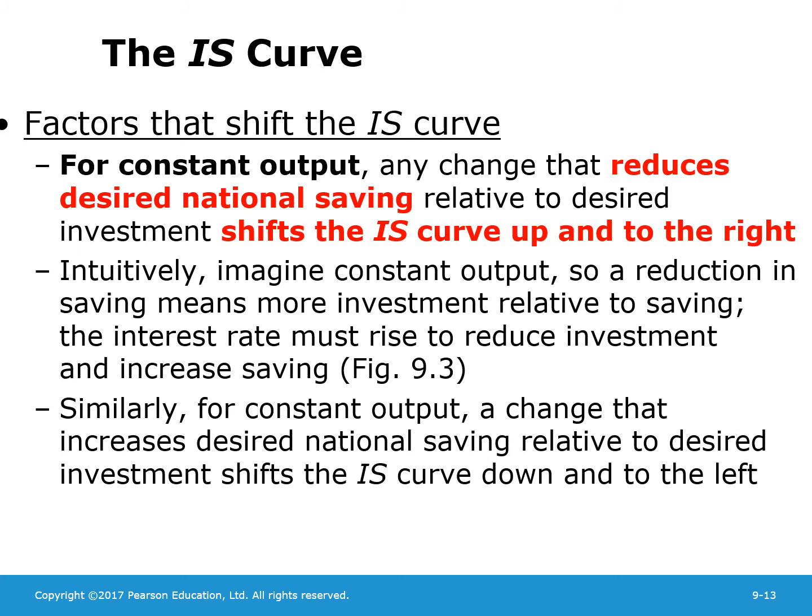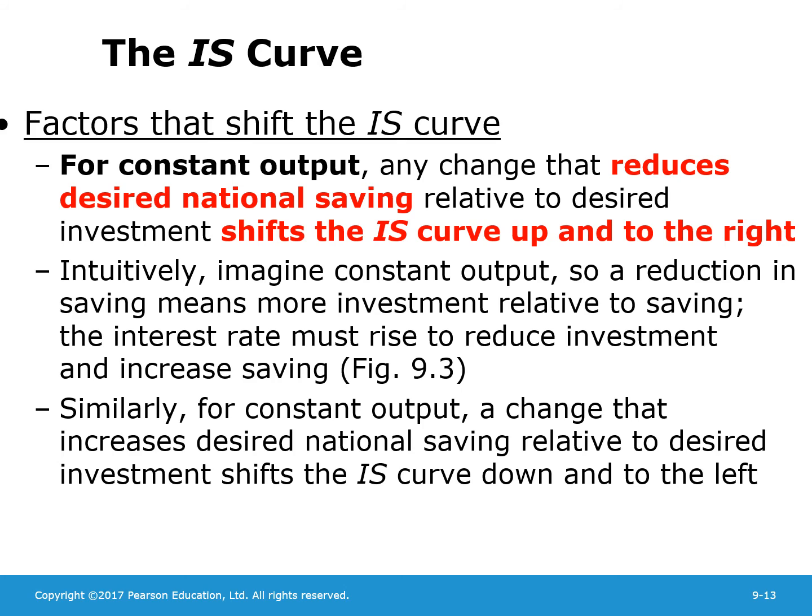Intuitively, imagine constant output. A reduction in saving means that there is now more investment relative to saving, so the interest rate must rise to restore the equilibrium, to reduce investment and increase saving, so they become equal again. We will see this in figure 9.3.